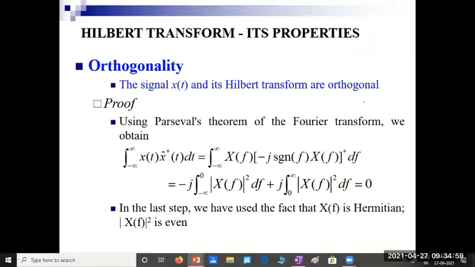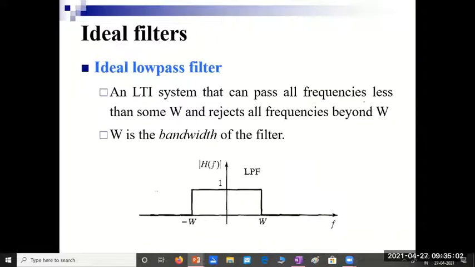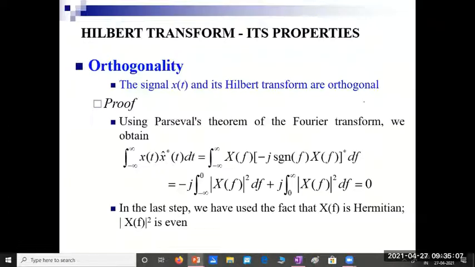So after the basic properties of Hilbert transform, there is one more important property which you should remember. That is, if I have the product of two signals, let me say the Hilbert of a given signal multiplied with a high frequency signal.